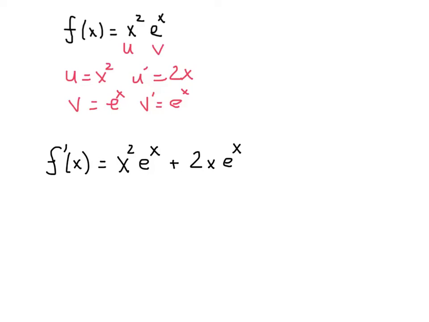And I'm perfectly comfortable with that answer for this problem. You may also see it in factored form. Notice there's an e to the x common to both terms, and there's an x common to both terms. So you might see it written as e to the x times the quantity x squared plus 2x. Either way, we have found the derivative. Let's try another one.